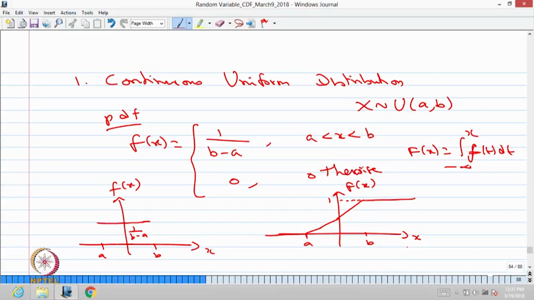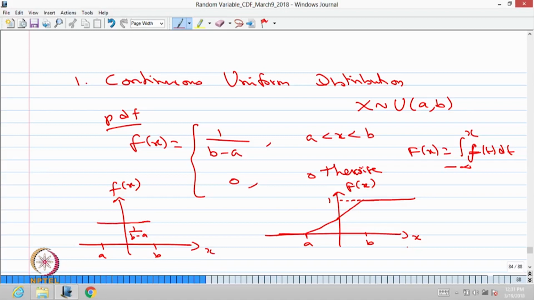So, whenever we give an open interval (a, b) with the capital U, that means the random variable x follows a continuous uniform distribution between the interval a to b, whereas for a discrete uniform distribution we say x follows capital U within bracket x1, x2, and so on till xn. If we supply the n points with the capital U, that means that random variable is discrete uniform distributed.